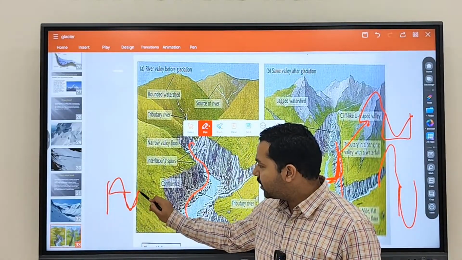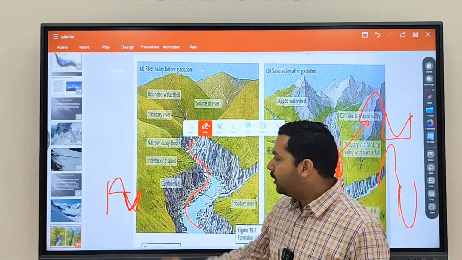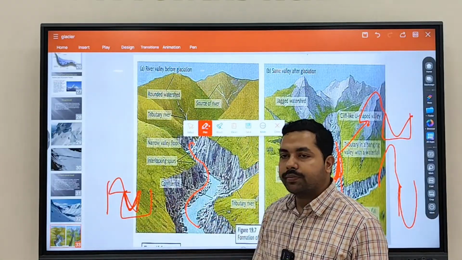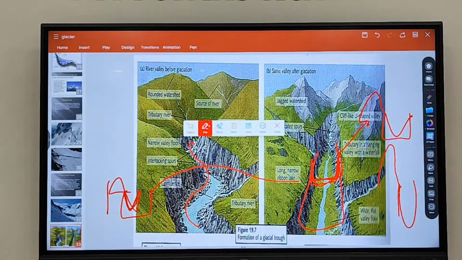Generally you are finding a curved V shape, but when it becomes like this, it is going to be called a U-shaped glacial trough. Clear? Any doubt regarding this one? So remember, ice always moves in a straighter path, in a linear manner, and because of this you'll see a U-shaped glacial trough being created. Clear? Any doubt regarding this particular thing?